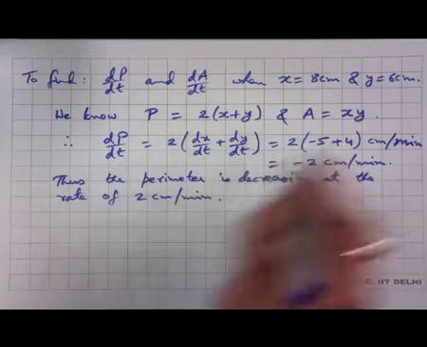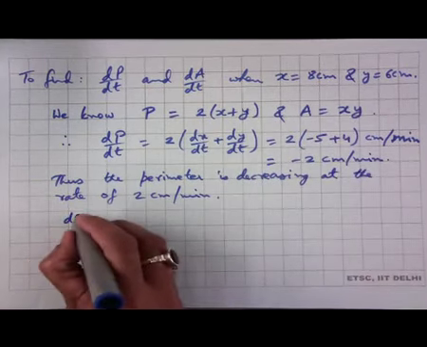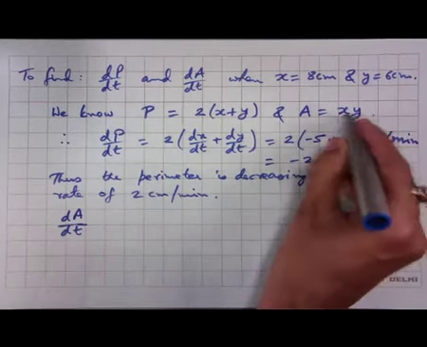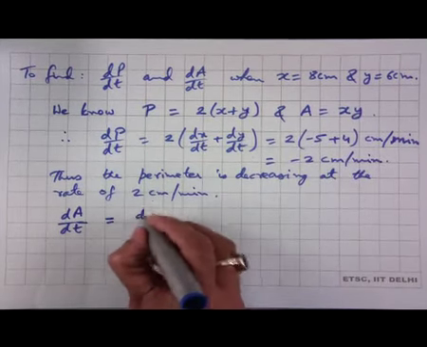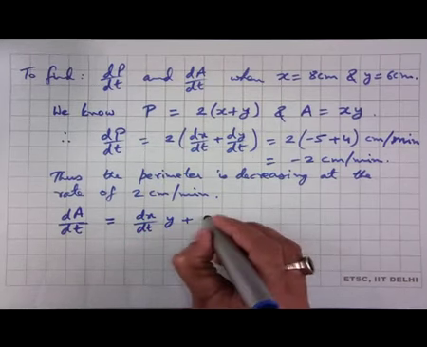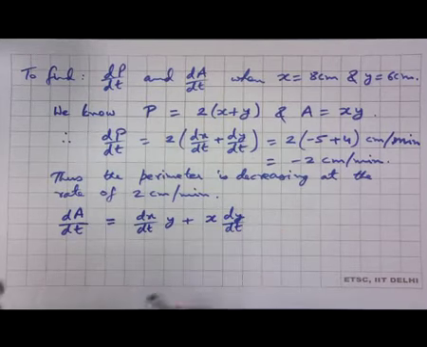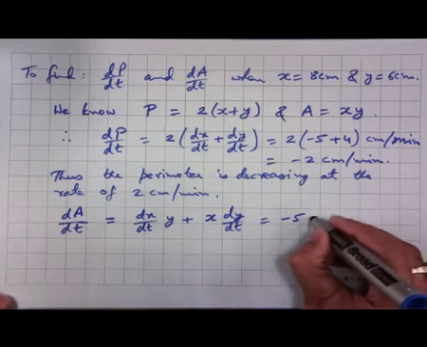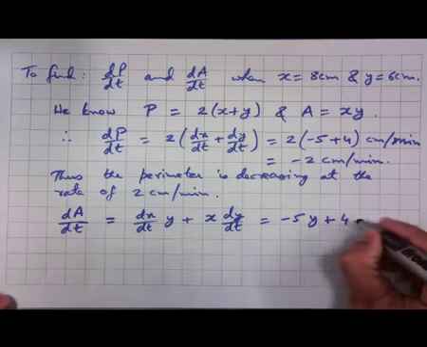Now, for area, A is equal to x times y. So, dA/dt, here area is product of x and y. So, by product rule, this is equal to dx/dt times y plus x times dy/dt. dx/dt is minus 5, this is minus 5y plus dy/dt is 4, so 4x.